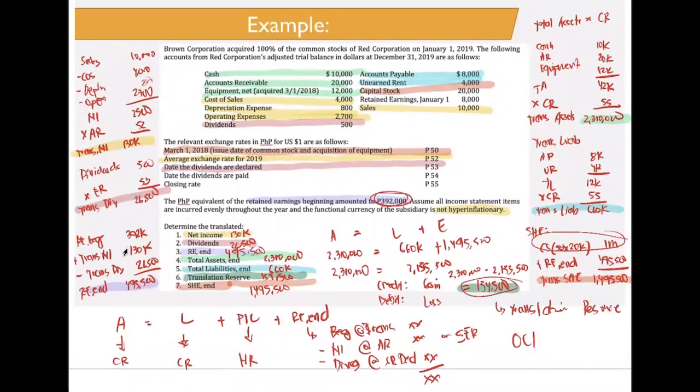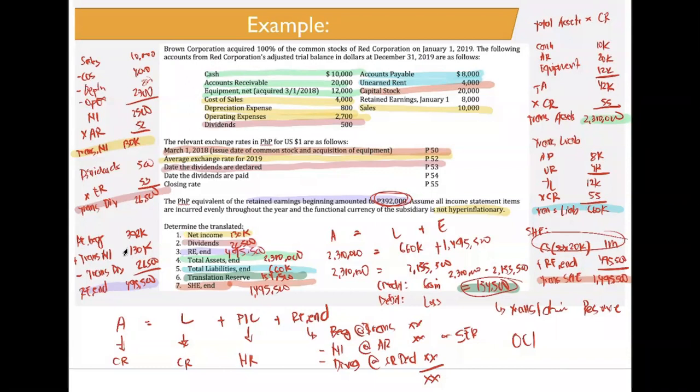Once you get this whole idea, it will be easier for you to answer problems relating to foreign currency translation. That's all there is to it. Don't forget that it can be translated using closing rate method and temporal method.